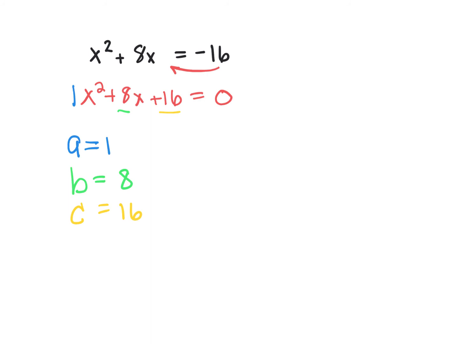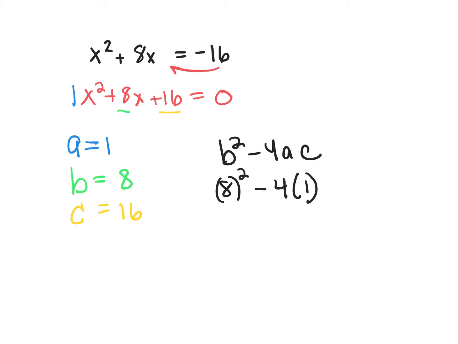And so when I go to do the discriminant, remember our discriminant is b squared minus 4 times a times c, that I'm then going to be able to substitute in here and say that I'm going to have 8 squared minus 4 times a is 1 times c is 16. So I can go ahead and use my calculator.